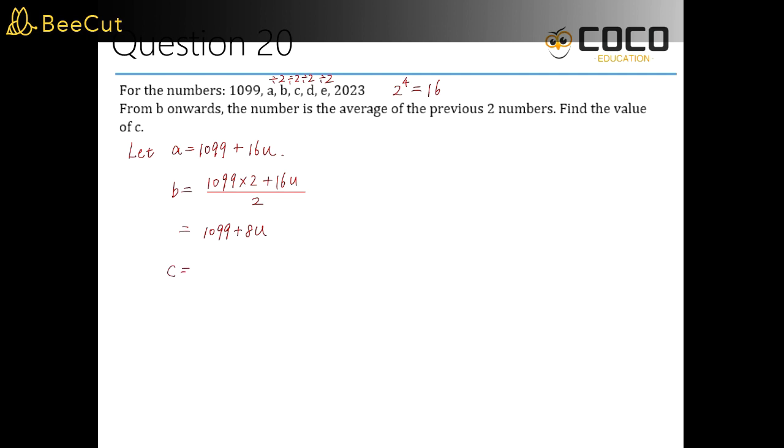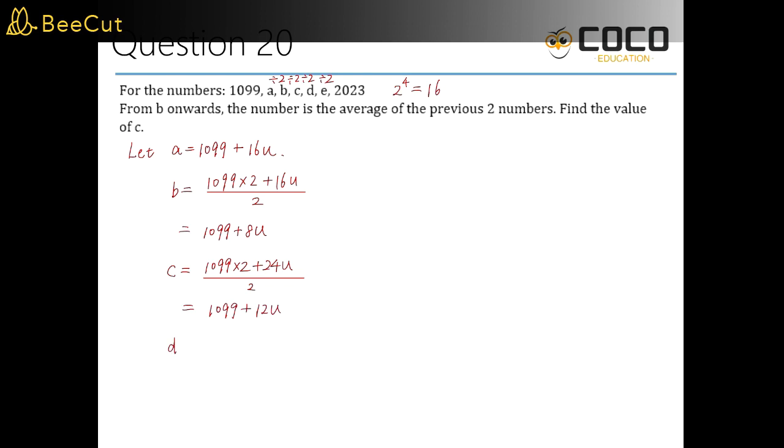Then we check for C. C is the sum of A and B divided by 2. For A and B, there is 1099 times 2, and you add 16U plus 8U, 24 units. Divide by 2, so we get C is 1099 plus 12U.